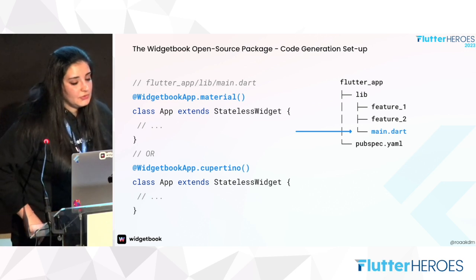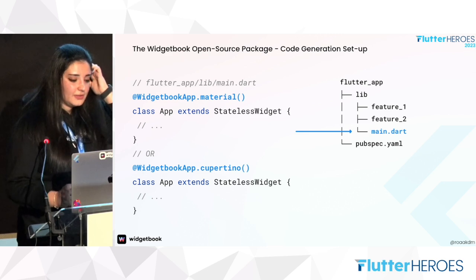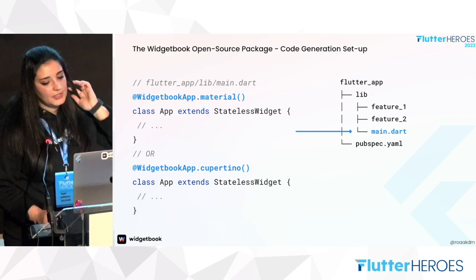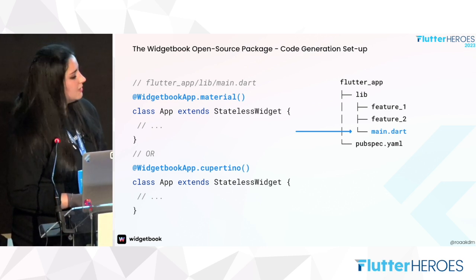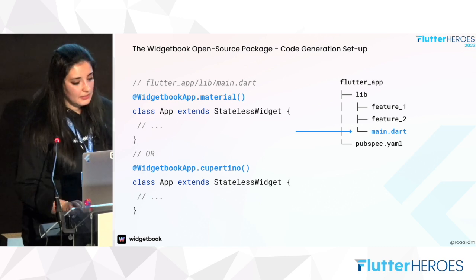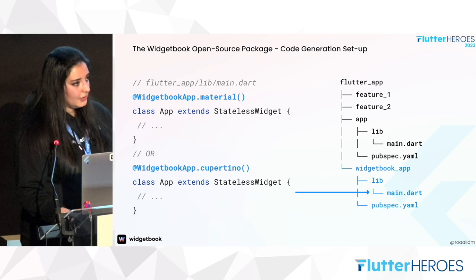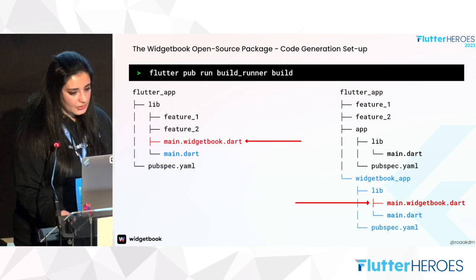And all you need to do to set up your Widgetbook and see a Flutter app that is dedicated to your Widgetbook is use the widgetbook app annotation prior to your root app. If you're working with a single package, this will be your main.dart file. And you also have material and Cupertino options.